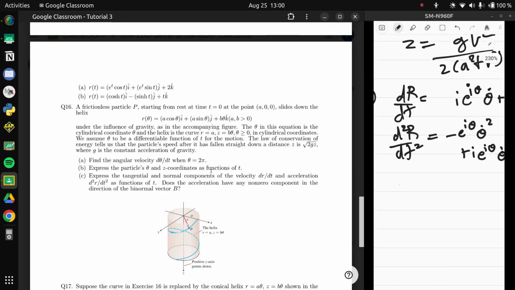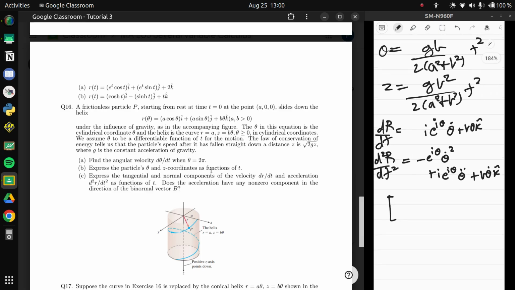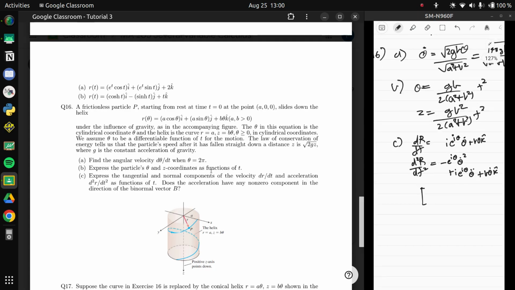So by the way, you have to first normalize these two. You would have to normalize this vector dr by dt. Oh, the good thing is, what's the magnitude of this stuff? It's theta dot squared plus something theta squared.